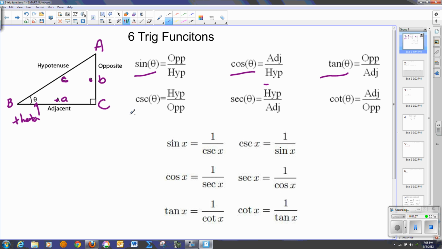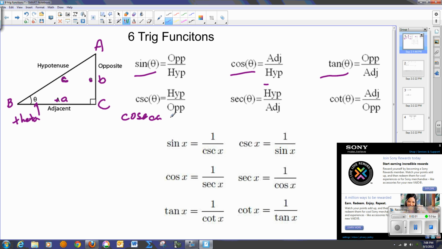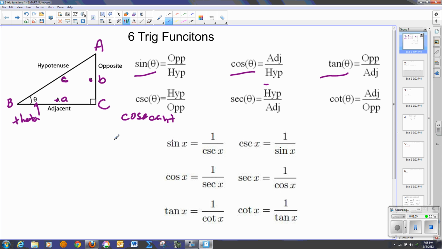Now, if we look at the cosecant, of an angle is basically the reciprocal of the sine, and we can see that right here. The secant of the angle is the reciprocal of the cosine, so it's the hypotenuse over the adjacent.